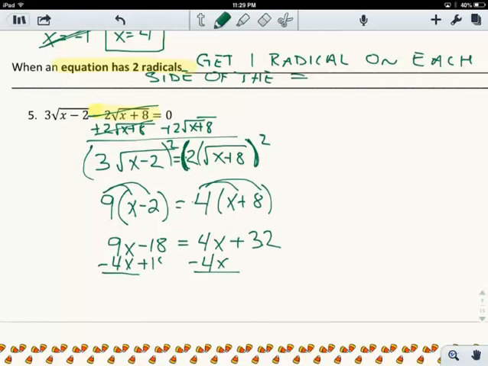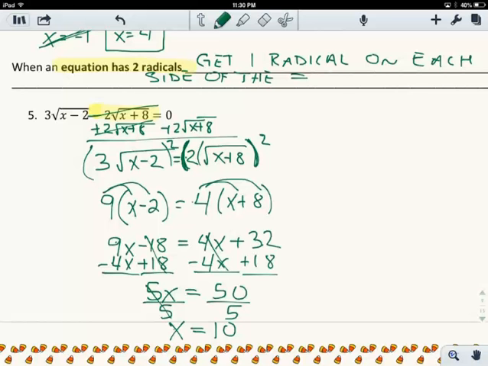Plus 18, plus 18. 9 minus 4 gives us a 5x equals 32 plus 18 is 50. So we should end up, when we divide it out, with x equals 10.